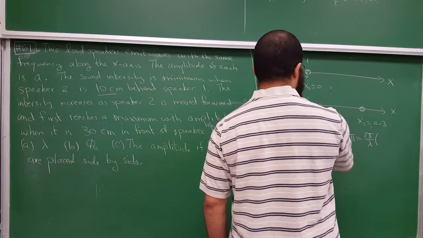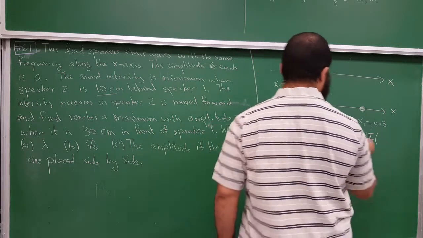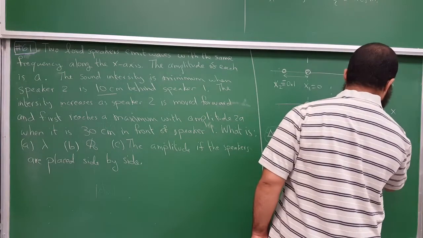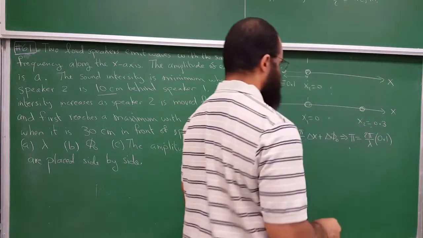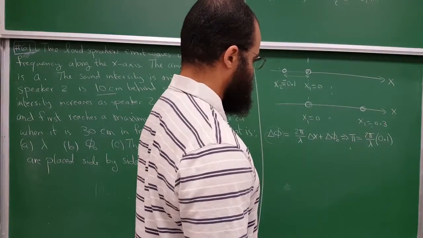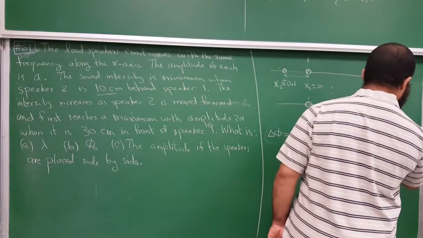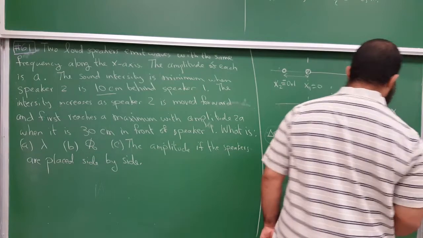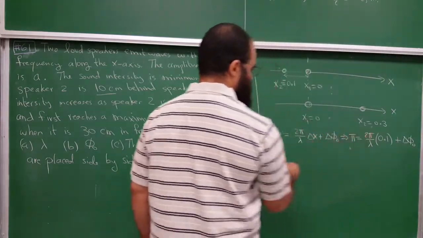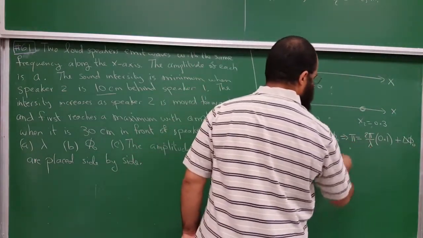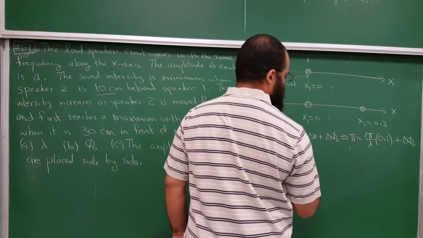So delta x is the distance from here to here, and that is 0.1 meters, plus delta phi 0. And so let's move this to the other side and solve.